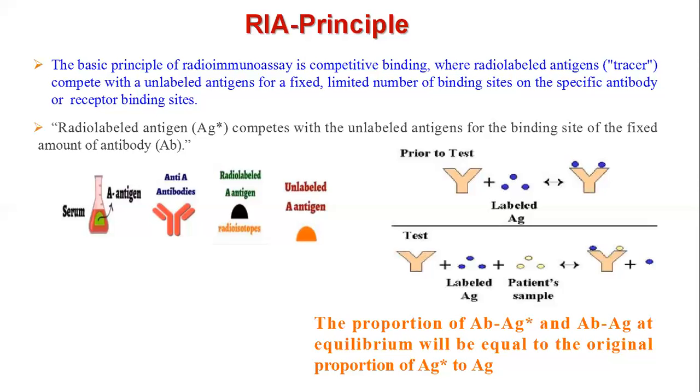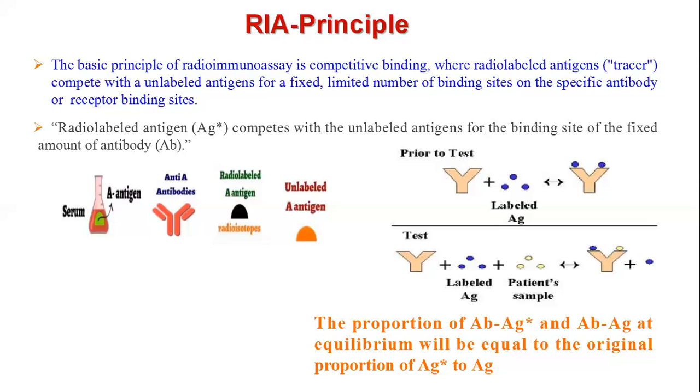We have to determine that prior to the test. In this first test we have two components: a specific amount of immunoglobulin and the radioactive antigen. From this prior test, we get the idea what amount of antigen is required for complete neutralization of the binding sites of the fixed amount of antibody.